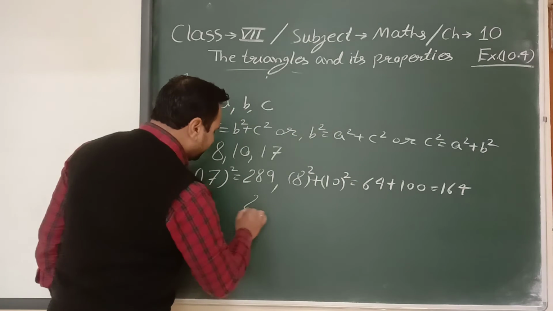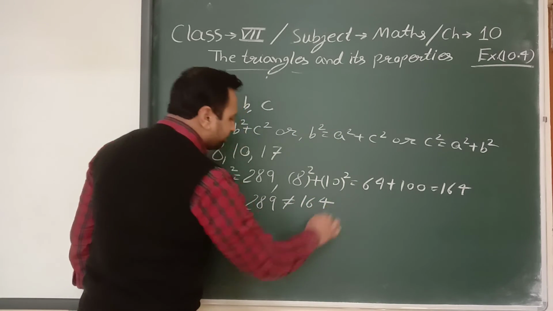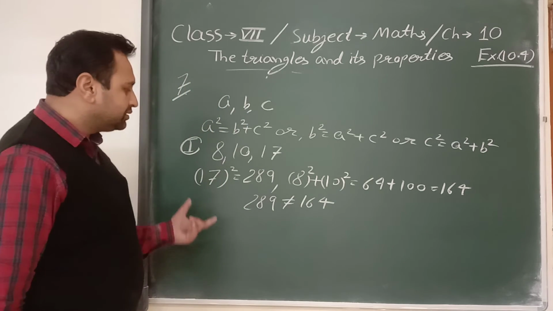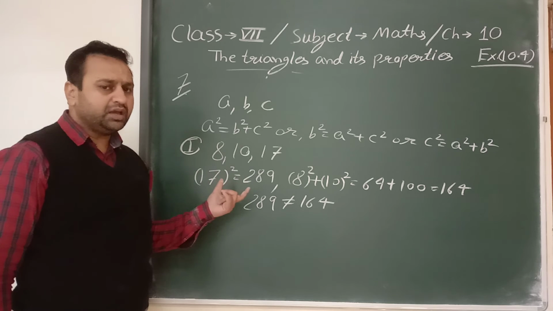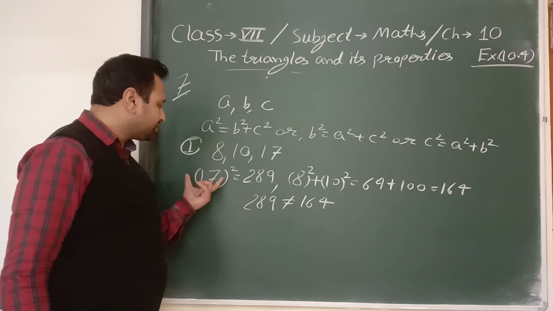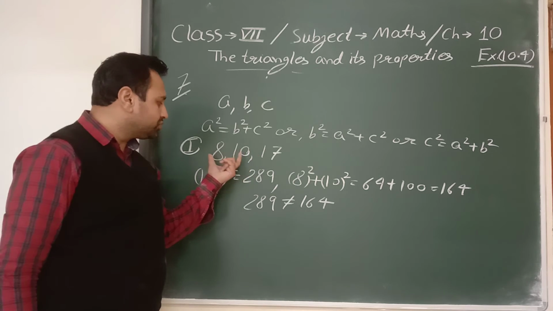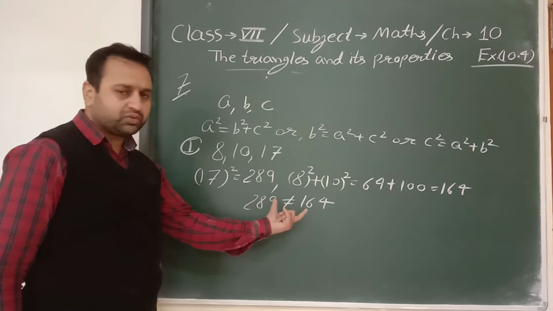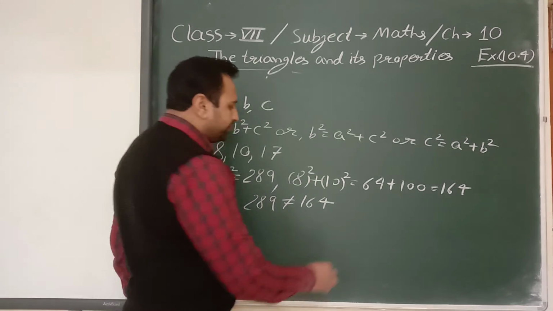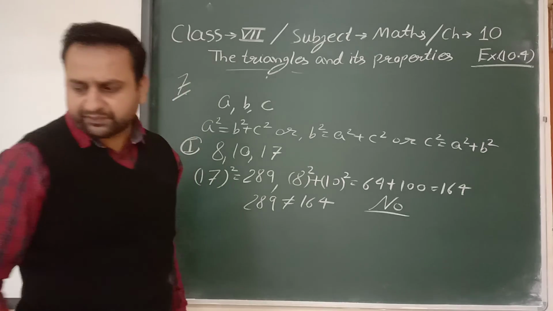So we observe that 289 not equal to 164. So it means these are not Pythagorean triplet. यानी कि आपको बस एक करना है, सबसे बड़ी वाली साइड का स्क्वायर एक तरफ रखोगे और बाकी 2 साइड बची हैं उनकी स्क्वायर का सम एक तरफ. अगर दोनों साइड इक्वल वैल्यू, then these are Pythagorean triplets, but now these are not Pythagorean triplets.